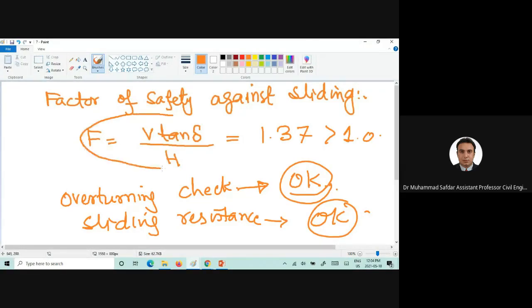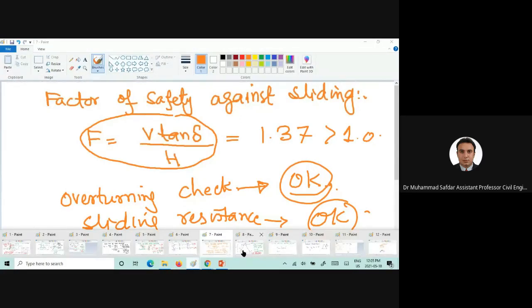It's a very important equation from quiz, assignment and also the exam point of view. So the overturning check was okay, the sliding resistance failure mode check was also okay, so therefore we can comment that the design of this retaining wall will be satisfied. So that's one problem which we solved.